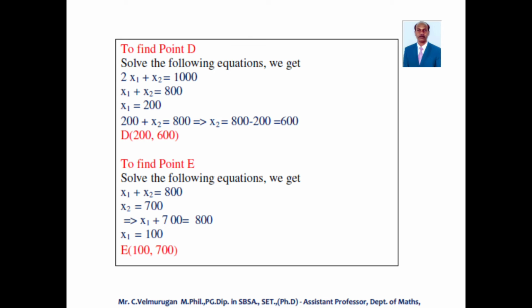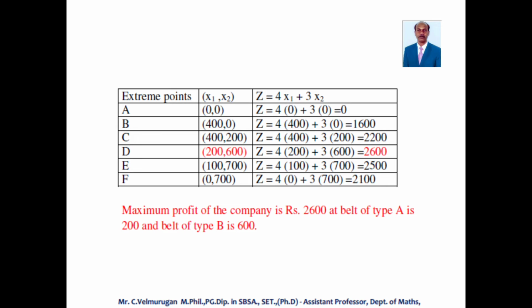We apply the x2 value in the first equation, x1 plus x2 equal to 800. Then we can directly get the x1 value. So x1 plus 700 equal to 800, so x1 is equal to 800 minus 700, that is 100. So what is the point E? 100 comma 700. So now we have found all the points A, B, C, D, E, F.